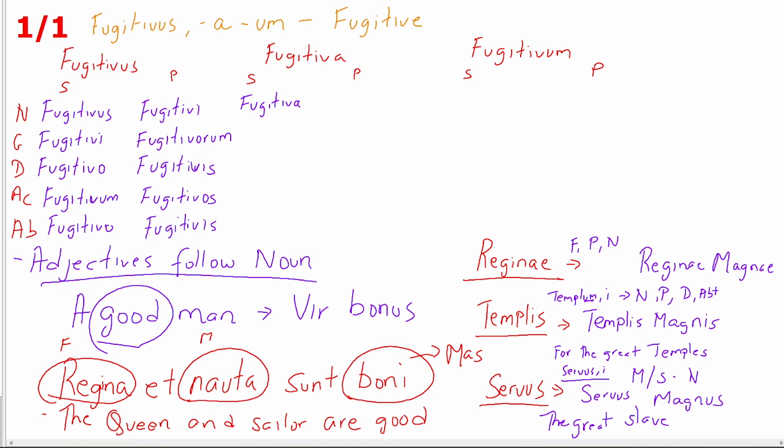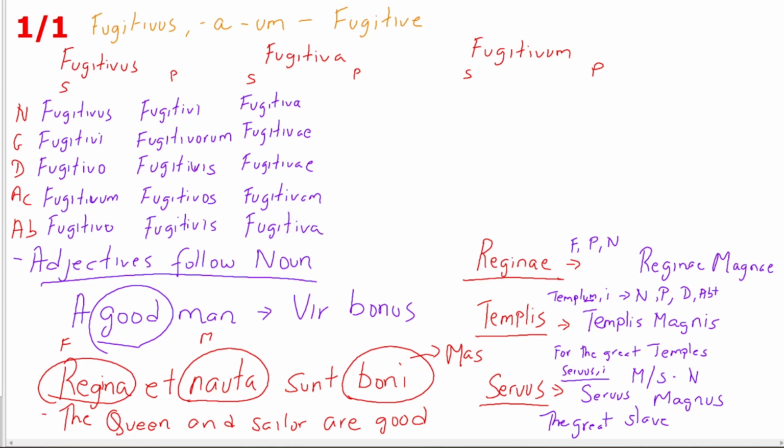So fugitiva singular, genitive singular would be fugitivae, dative, fugitivae, accusative, fugitivam, and ablative, fugitiva.